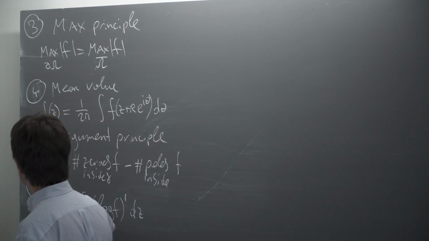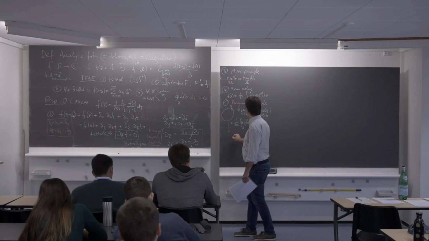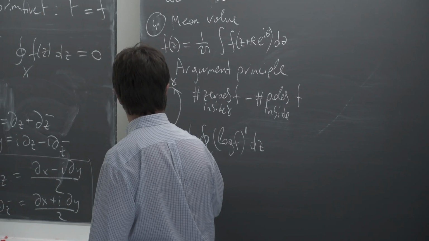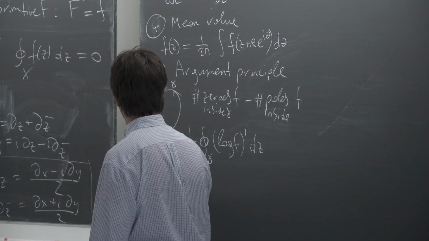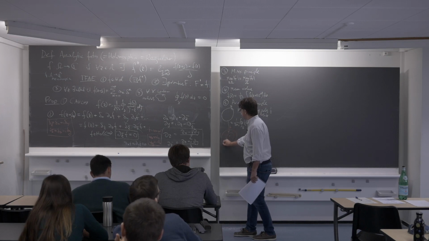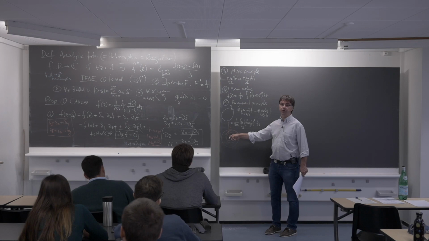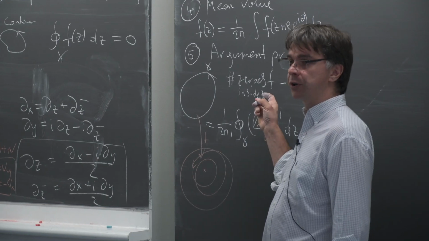So how does this work? We map by f, and we want to know how many zeros there are. You look at this curve, and you need to count how many times it goes around 0. That will be the number of zeros.